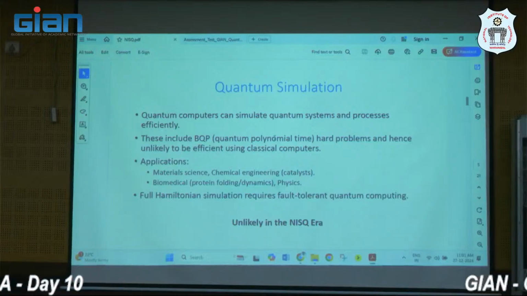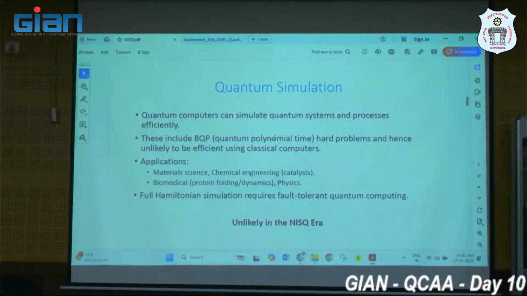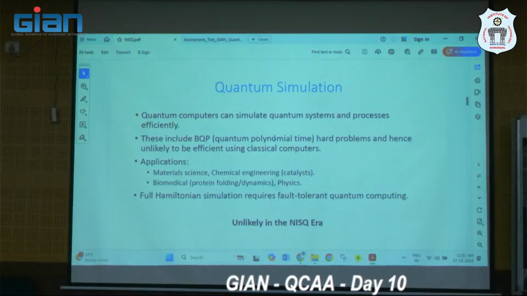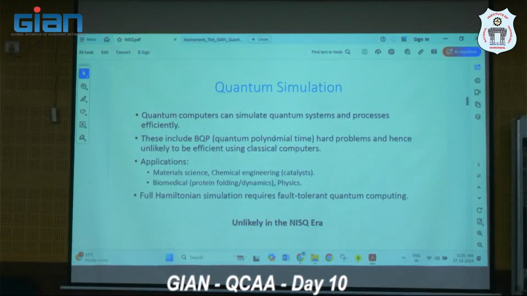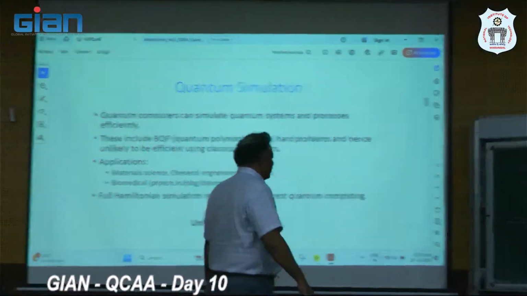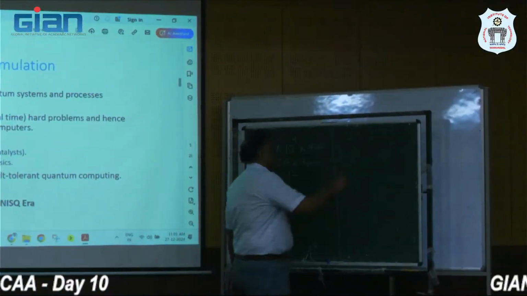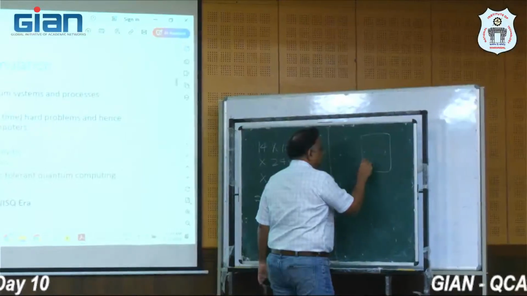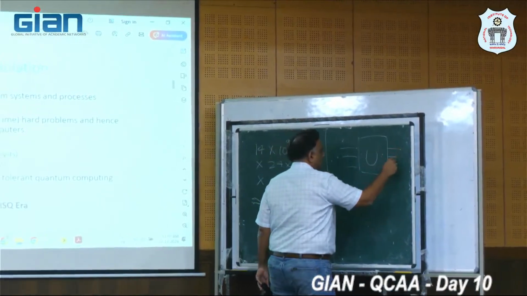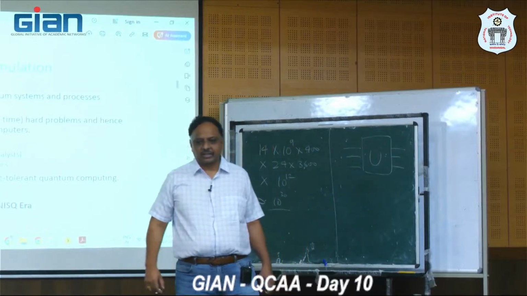We are calling it Hamiltonian simulation. What is a Hamiltonian? A Hamiltonian is related to unitary, okay. So we have seen unitary evolution, right. When a system evolves, when we say there is a unitary gate here, this is the input, this is the output. This input evolves under this unitary, correct.